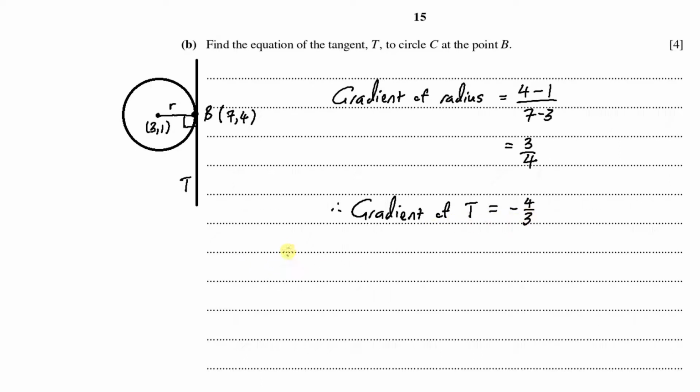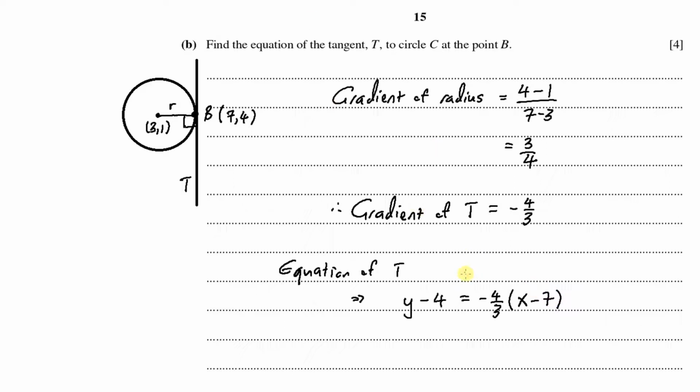So for the equation of the tangent, we can therefore say y minus the y coordinate, which is 4, is equal to the gradient, which is minus 4 over 3, bracket x minus the x coordinate, which is 7.